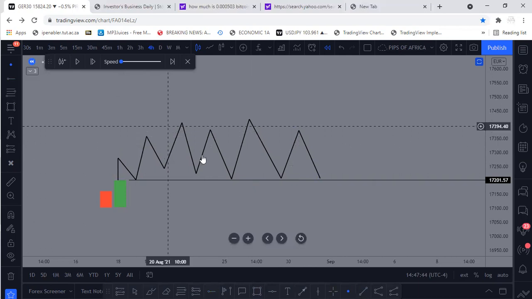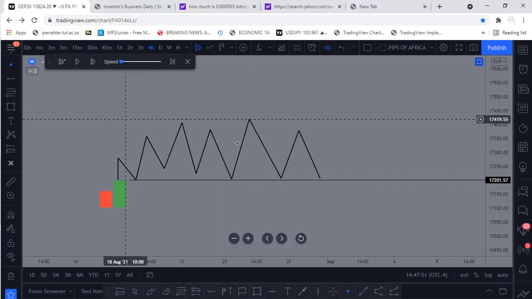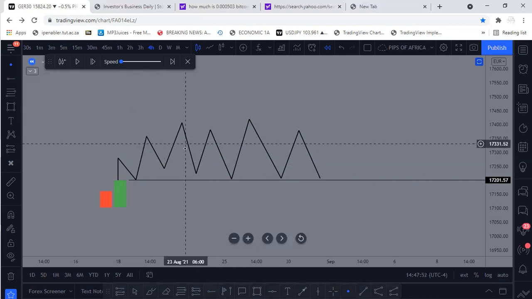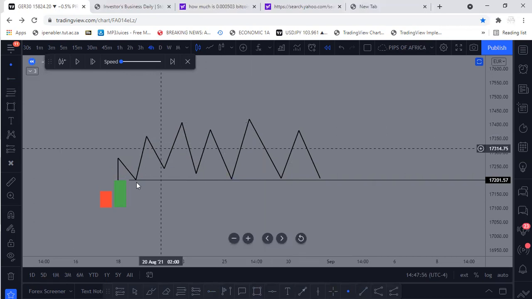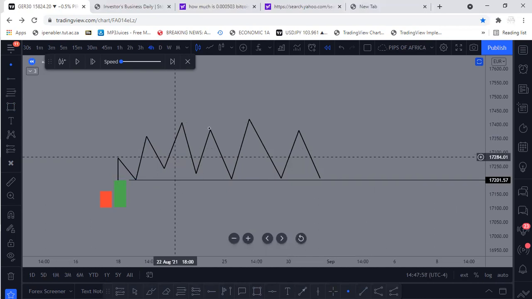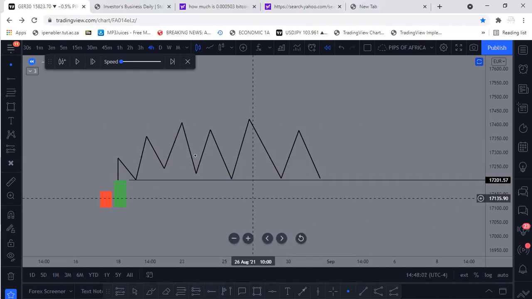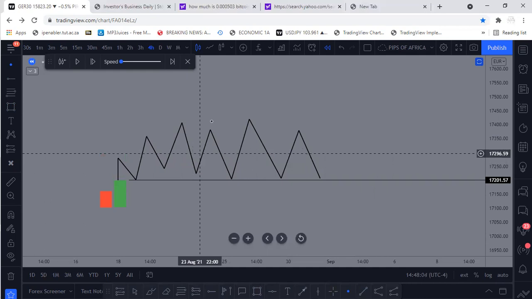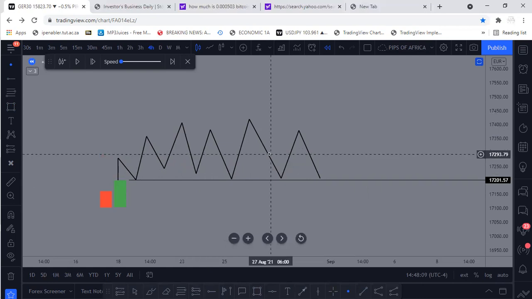You see now, in this ranging market, there is a bullish structure and also a bearish structure in the same place. That is why you call this market ranging. It doesn't show one direction, but it shows us the bullish trend and also the bearish trend in the same area. It doesn't choose to go bullish or bearish, so it is ranging.